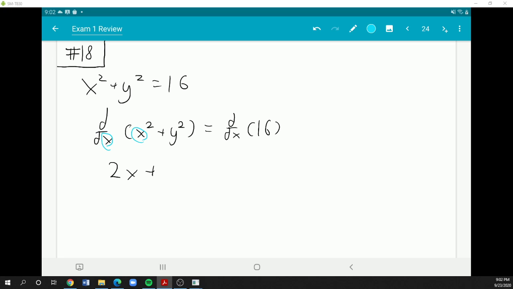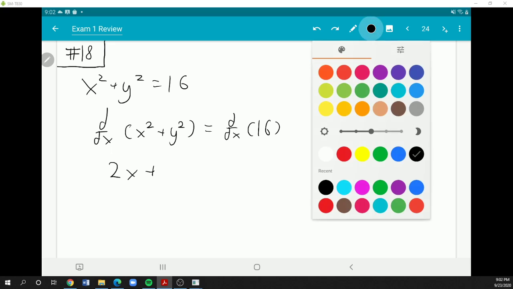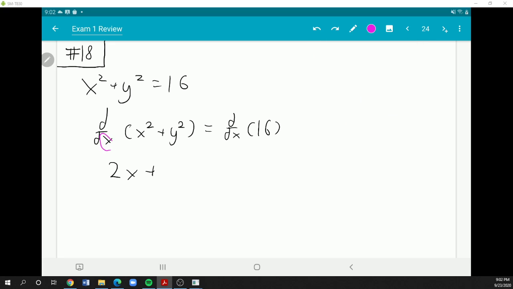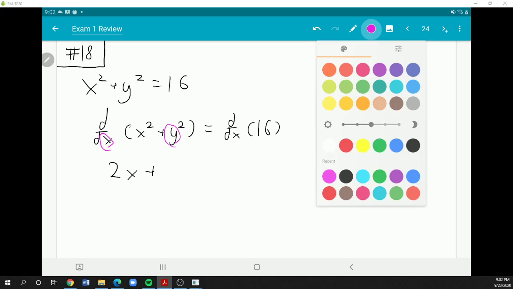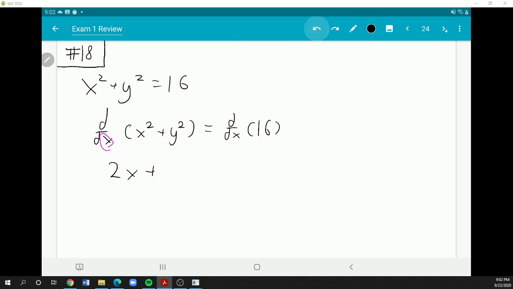So I don't need to do any like x prime, anything like that. But if the letters don't match, then I have to do the implicit differentiation. So I get 2y, but y is a function of x, so I need to do the chain rule. That's that implicit differentiation. So times y prime equal to 0.